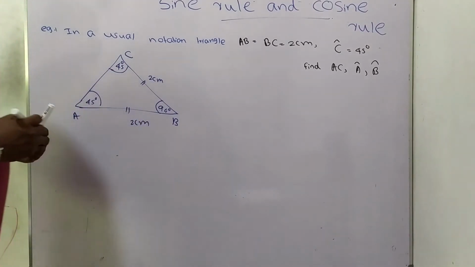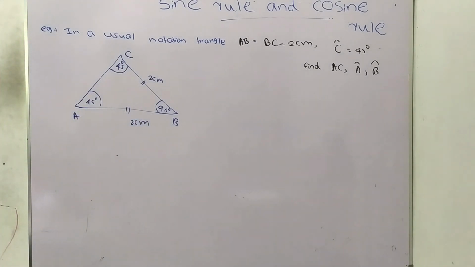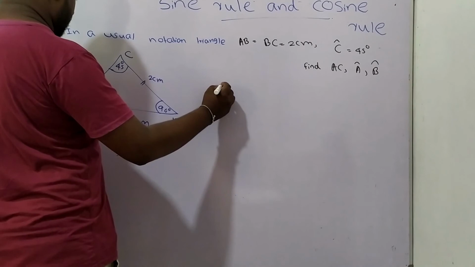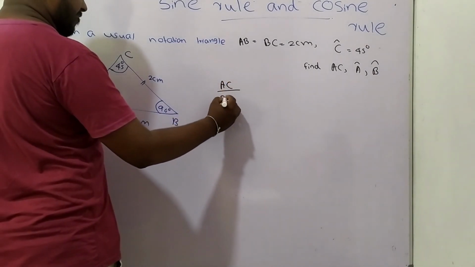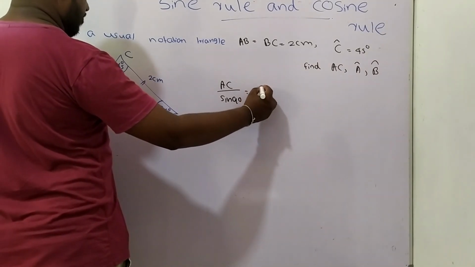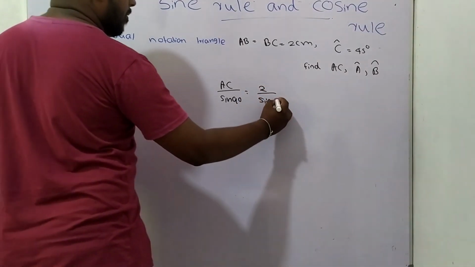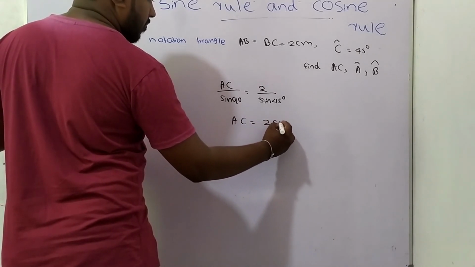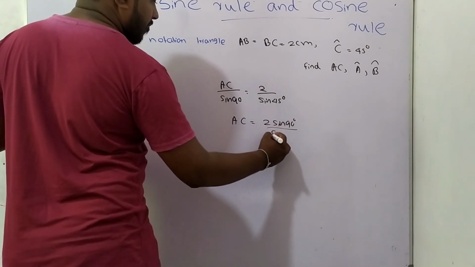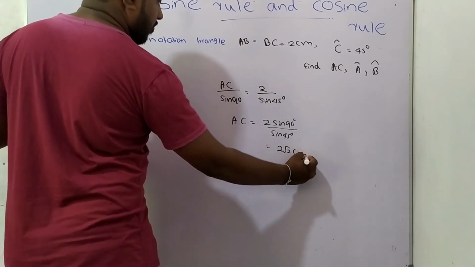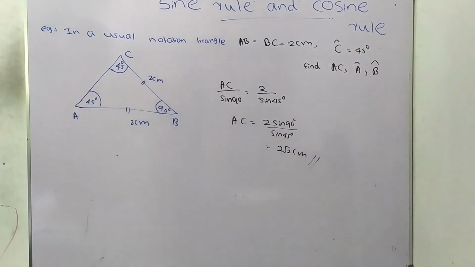I think you don't need the sine rule here because the Pythagoras theorem can be applied. But however, I'm going to apply the sine rule. It's 2 root 2.